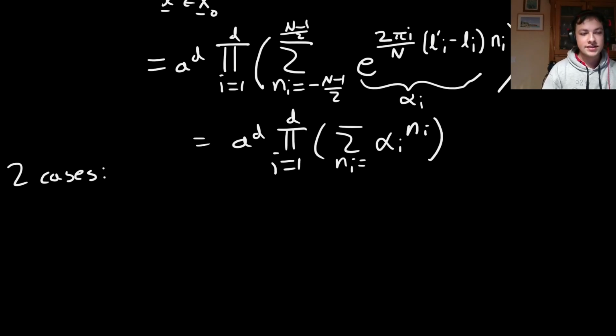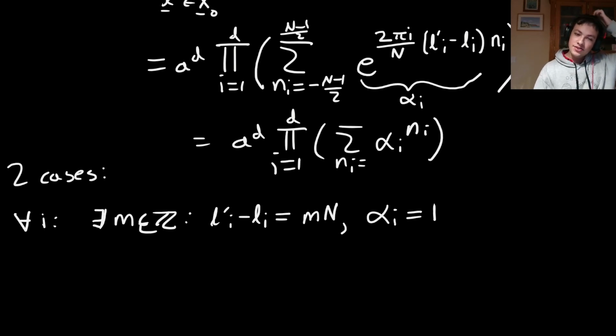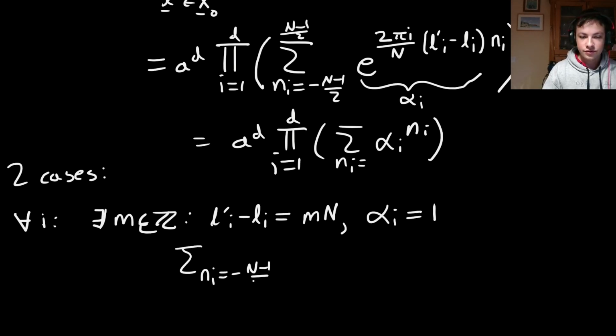The first case is that for all I, there exists some integer m such that L primed I minus Li is m times n, and therefore alpha I, if we plug that in, is equal to 1, and so each of these sums is just the sum over ni equals minus n minus 1 over 2 to n minus 1 over 2.